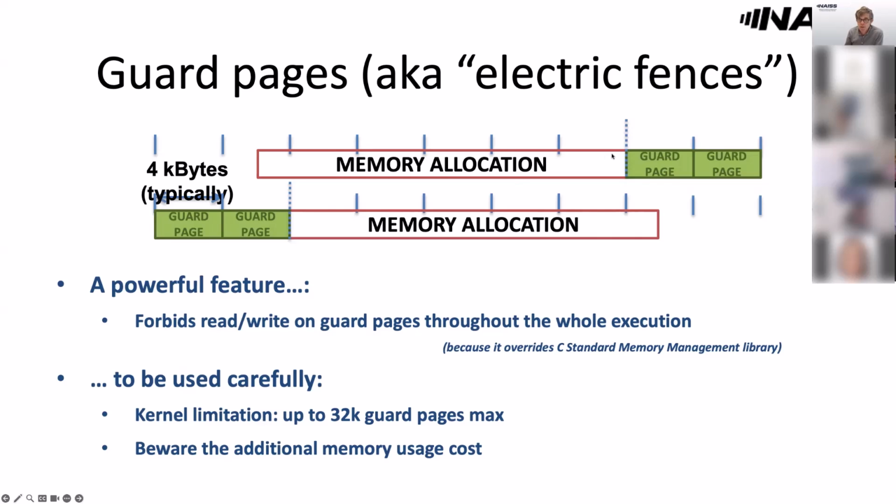You have to choose whether to put your guard pages after the memory allocation or before the memory allocation. So you can check for overrun accesses or underrun accesses, but these are separate runs you can't do in a single shot.